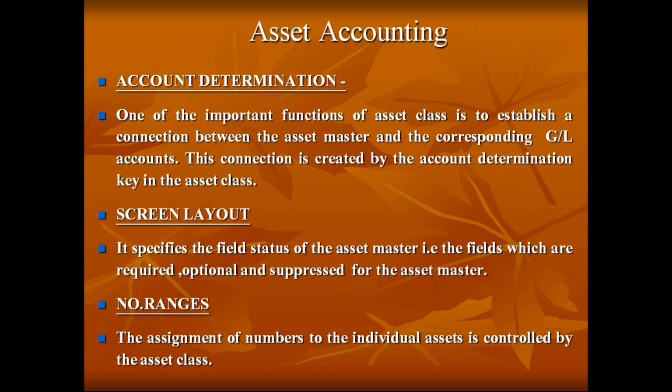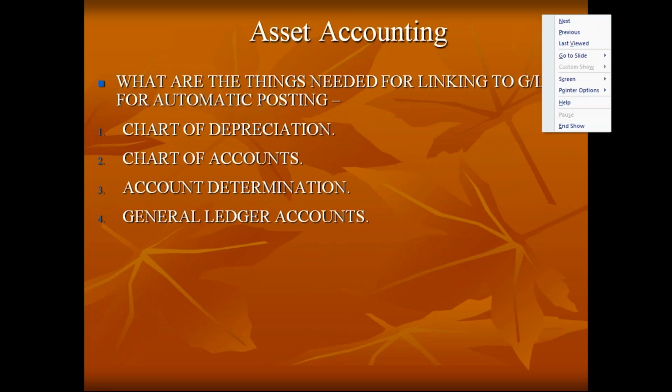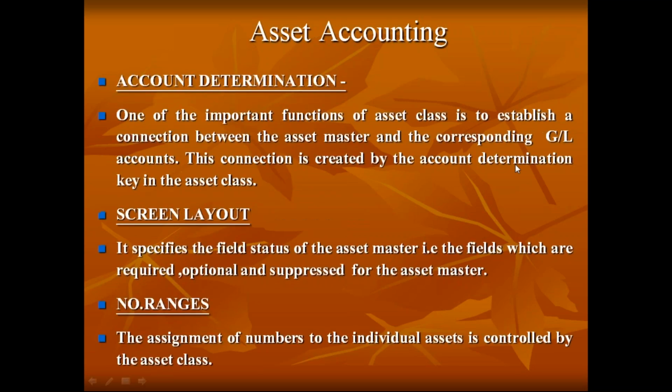And third, the number ranges. And that is all depending upon the asset class. Exactly, asset class is the main thing that we are trying to set up right now, with the account determination, screen layouts and number ranges, because all three are linked to the asset class only.